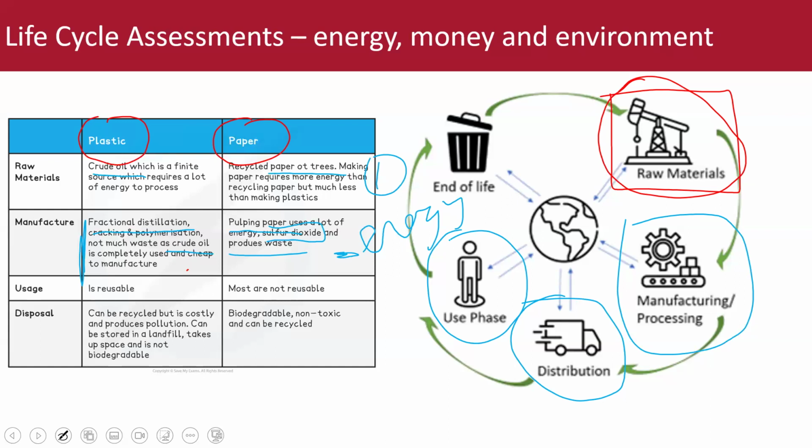Because they are so bad, especially if it's raining. So a paper bag, not really reusable. Plastic bag is. So you can think a life cycle assessment is a bit of an analysis about whether it's good or bad.